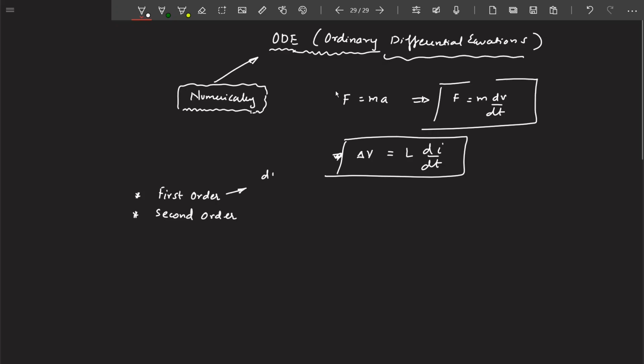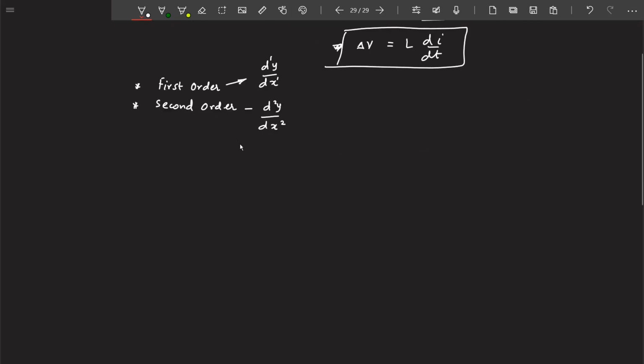When you find a differential equation where there is just a single derivative, of order 1, that is your first order differential equation. And when you find equations which are of second order or double derivatives, those equations are known as second order differential equations. So this is one way of classifying ODEs.